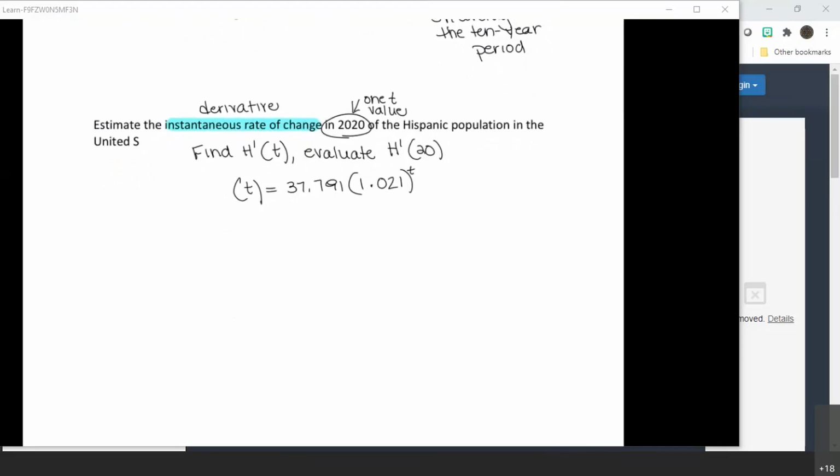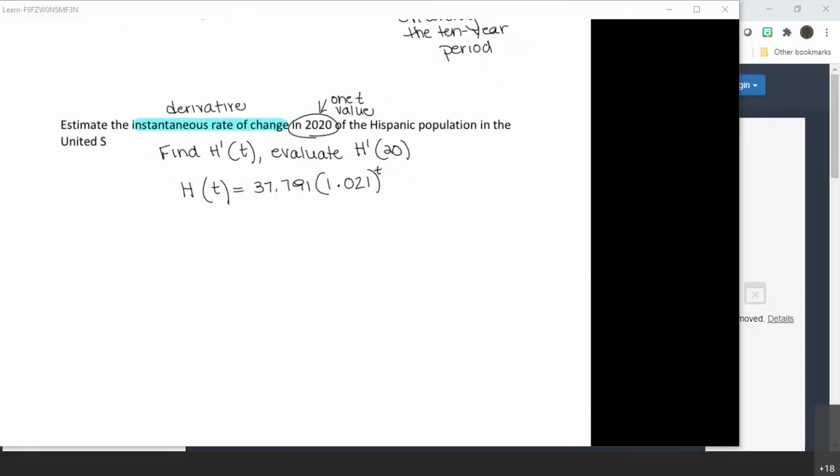This is just h of t. The 37.791 is just a coefficient, so I'm going to pull that through. My base is the 1.021.